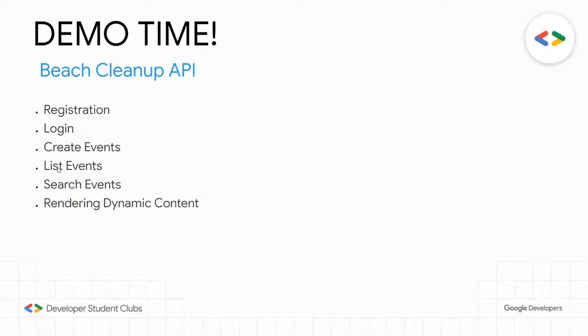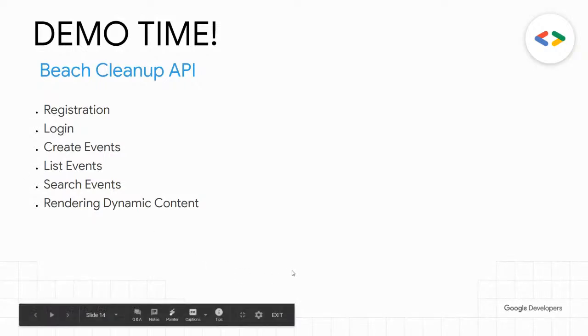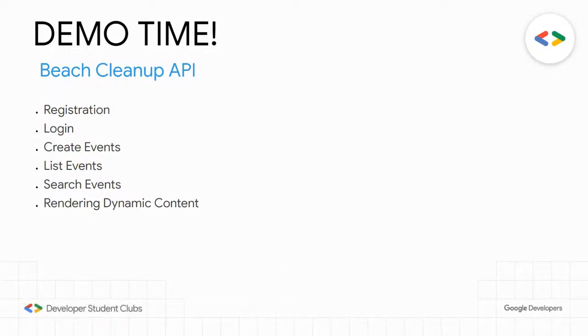So yeah, as Antoine said, we're continuing some of the API as well as the beach cleanup series. From the first series that we did, we worked on some HTML and CSS, and then we had a session about React and JavaScript.